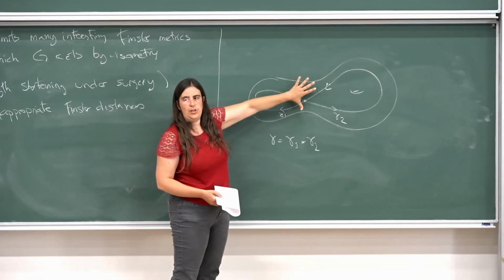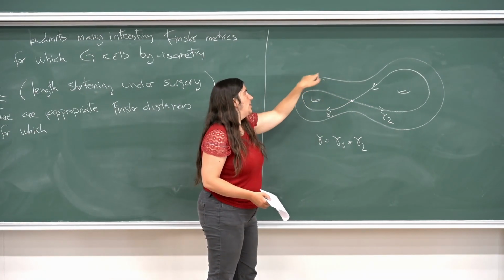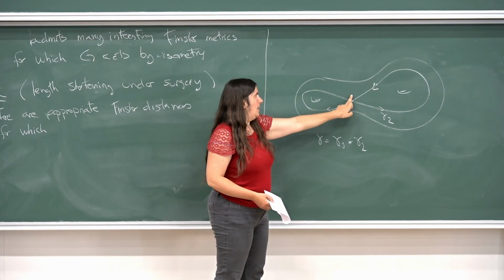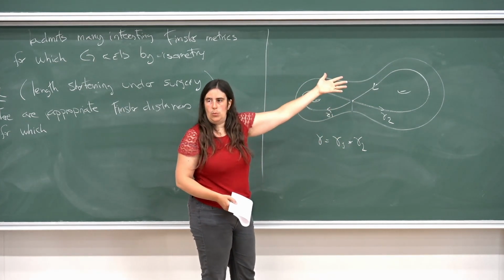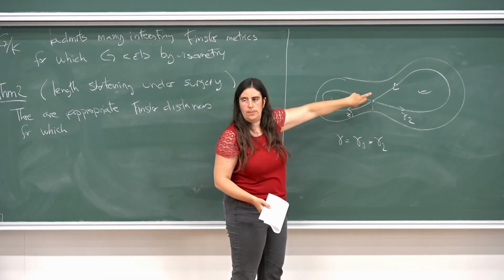If I choose a hyperbolic metric and take the shortest geodesic representative of this loop, it has this self-intersection, I can cut it up here and get two different loops. And of course they are shorter because they can now move away from this self-intersection.